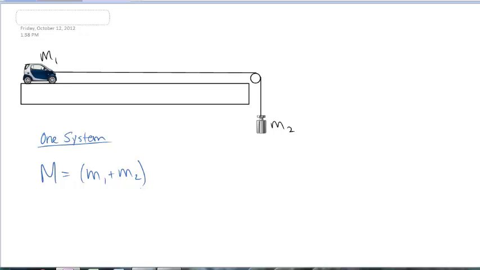What we do know, however, is that the only external force that's causing acceleration, external force meaning coming from outside of the system, our system includes mass 1, mass 2, and the string.